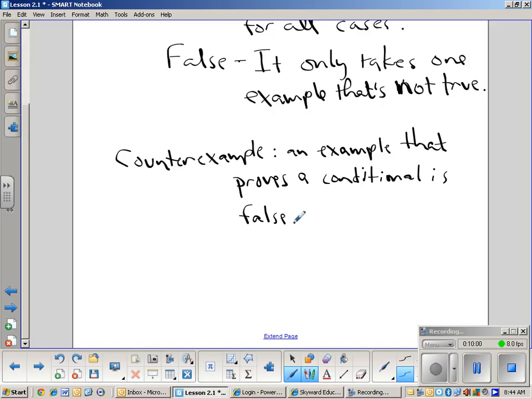Counterexample. It only takes one. It's hard to prove it's true always, but it's easy to prove it's not true. You just find one scenario. Any questions on this? Alright, moving on.